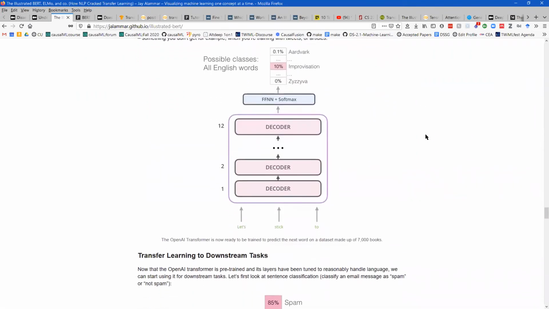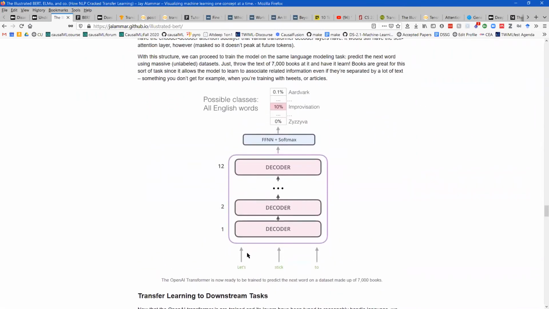Going into a little more detail, here's the input going through a stack of decoders, and then at the end, a feed-forward neural network plus a softmax that gives scores for all the words in the English language. So it predicts the next word with the one with the highest score. So let's say improvisation gets the highest score, and then that gets selected.